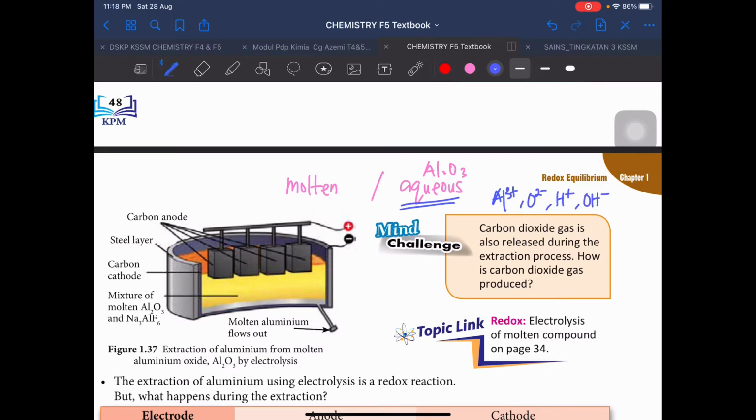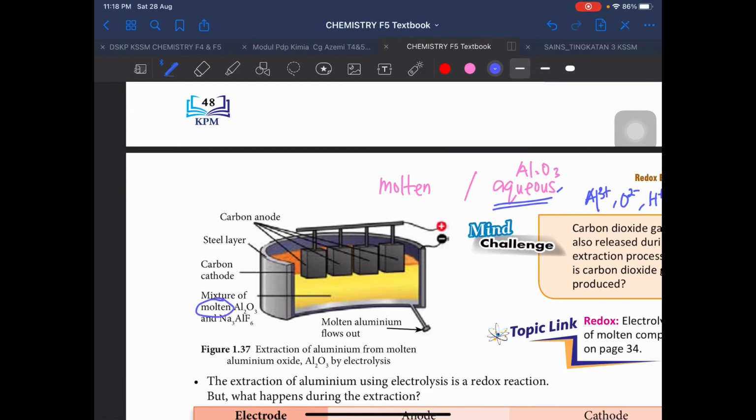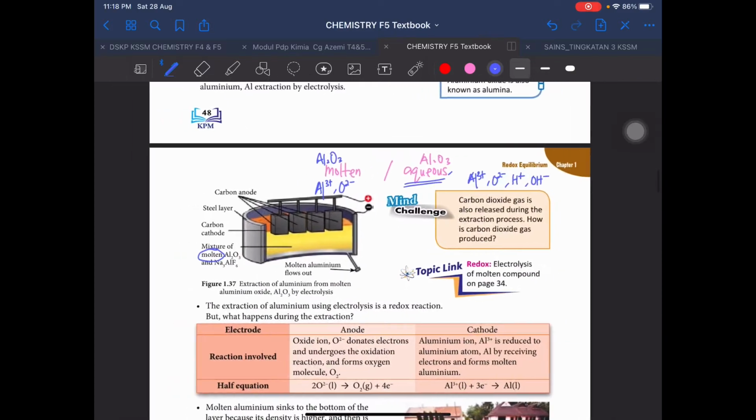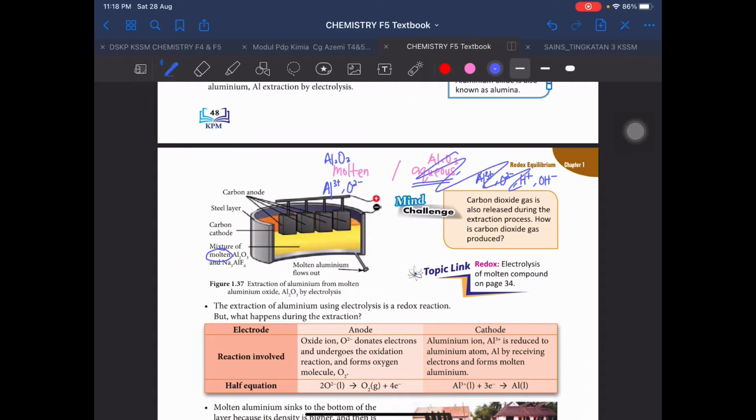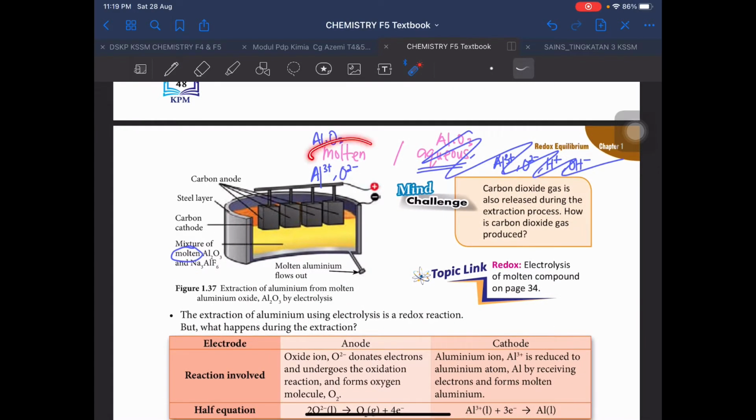But since this one is molten, it's stated here that it's molten, what are the ions present? There are only two: Al3+ and O2-. So, to keep it simple, don't look at the other ions, because we are talking about molten aluminium oxide. In molten aluminium oxide, we have aluminium ions and oxide ions.